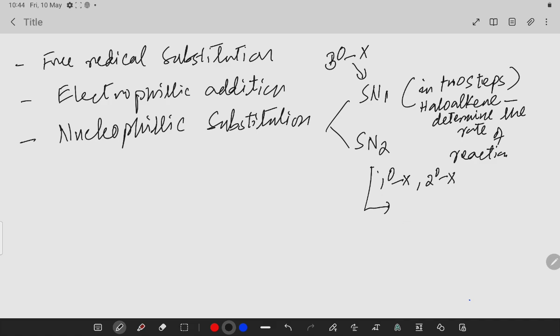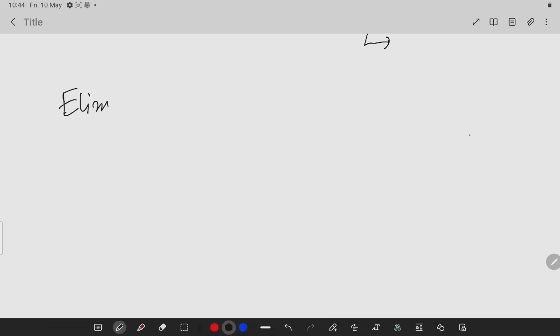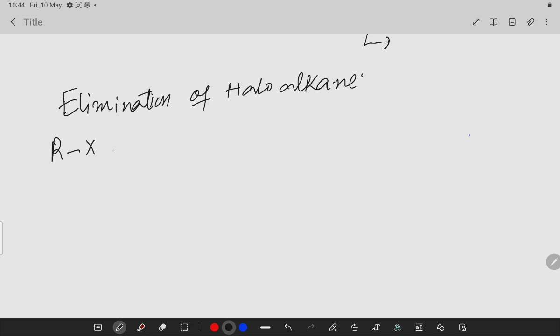Okay. So today we will discuss elimination reaction, elimination of haloalkane. This is haloalkane plus OH negative to form alkene plus X minus plus water.